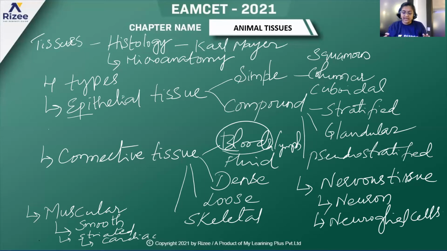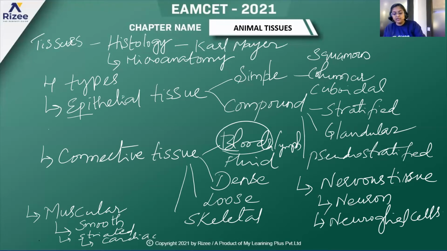What you need to first get clarity on, so that you can answer when a match the following question is asked: in animal tissues, we have four types. Epithelial tissues help in protection, support, secretions, absorptions; all the main functions of the organs are carried out by these epithelial tissues. There are two types, simple and compound.